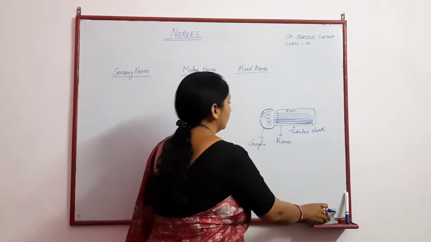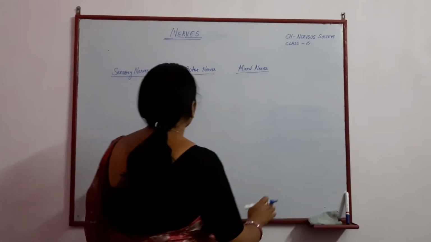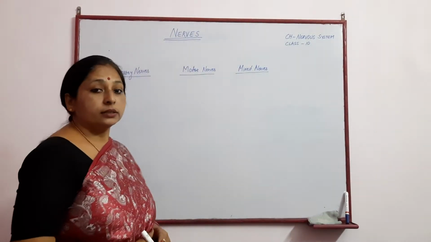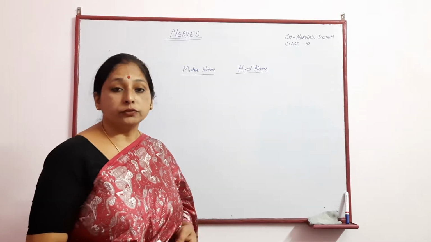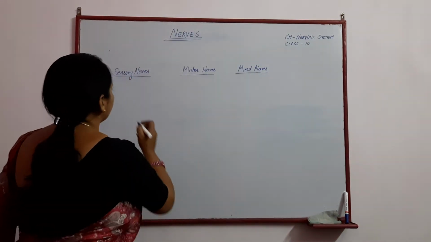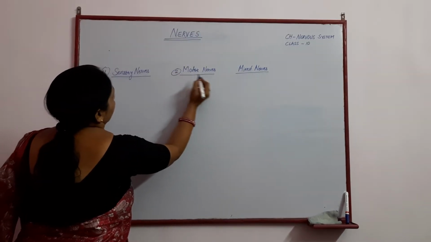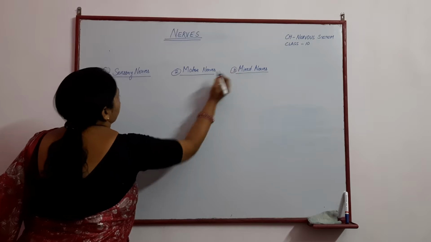Then types of nerves. Nerves are basically of three types: sensory nerves, motor nerves, and mixed nerves. First is the sensory, second motor, and third is mixed nerve.